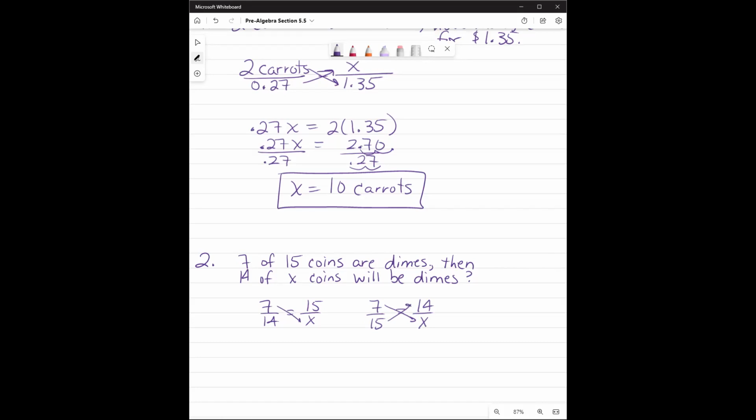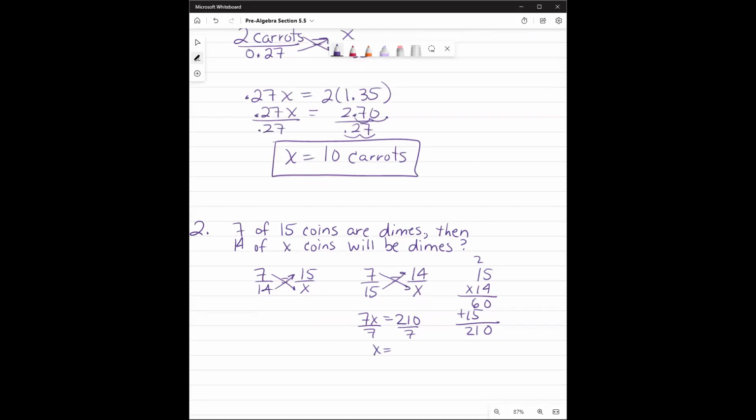And so we end up with 7x equals 15 times 14, which is 210. 7 goes into 21 3 times and 0 times, so 30 coins.